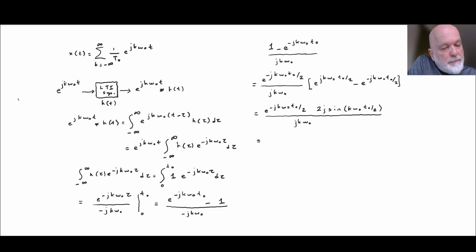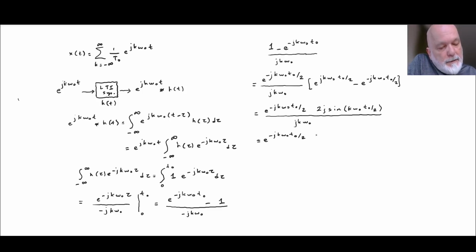Now we have sine of something divided by, partly we have a similar expression here. We have k omega 0. So we can divide and multiply by t0 to obtain the same argument. But first we write down this expression as follows. In fact, as you see, we are trying to obtain the sinc function. e to minus jk omega 0 t0 over 2.